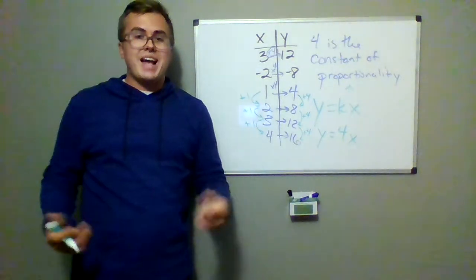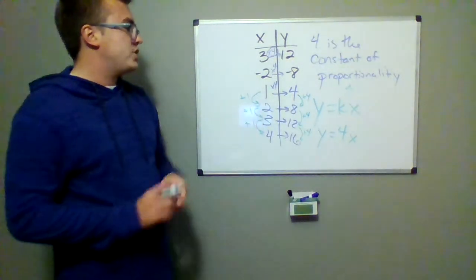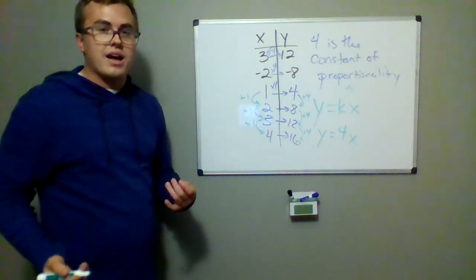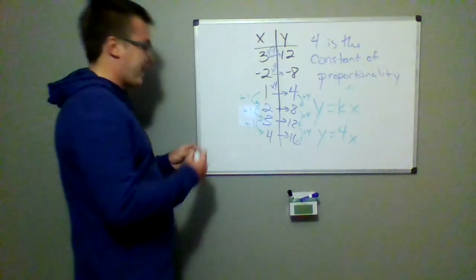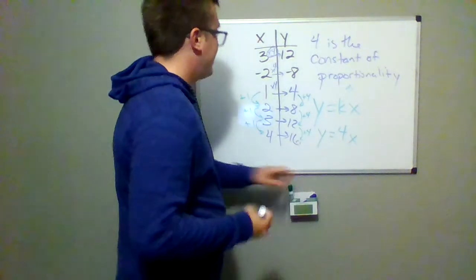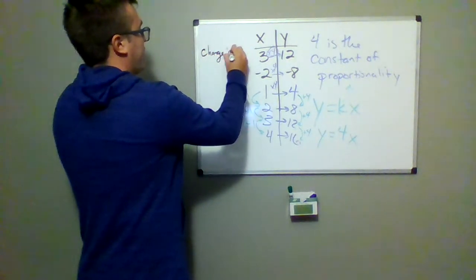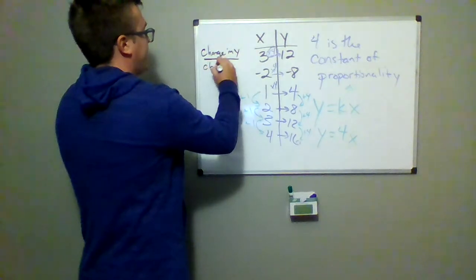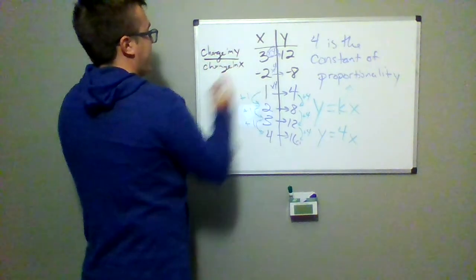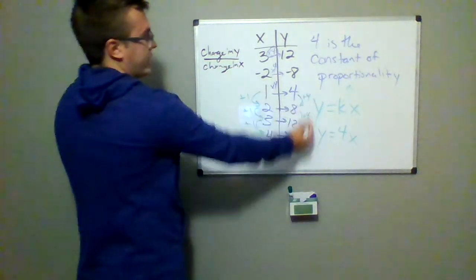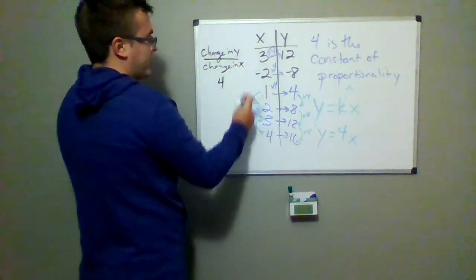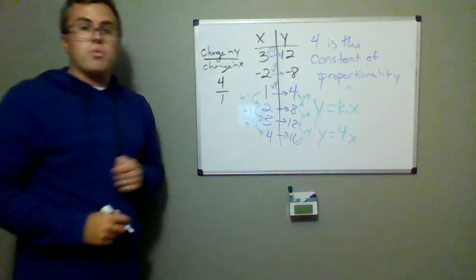And if we look at that as a fraction, as the change in y over the change in x, and I'll write that out up here. If I look at the change in y over the change in x, then my change in y is 4, my change in x is 1.